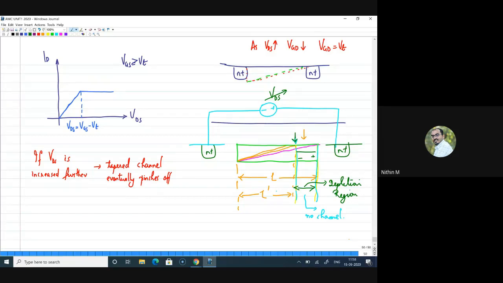So that electric field is pulling the electrons which are reaching this end of the channel, and because of this electric field, the electrons are swept through this region and will reach the drain terminal, right?